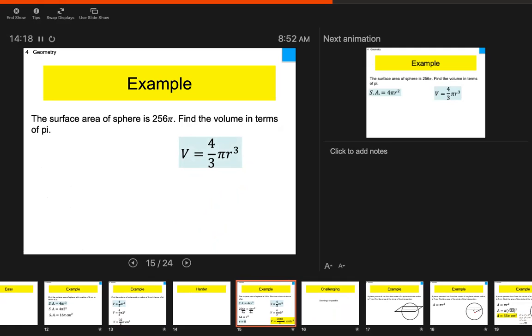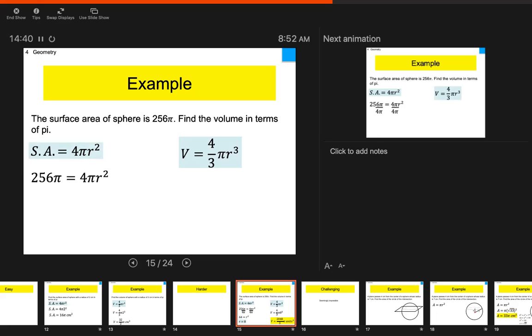So don't panic. This is just a simple algebra one. Since it gave me the surface area, let's look at the surface area formula. Surface area formula is 4 pi r squared, and we're told the surface area is 256 pi. So just substitute for SA 256 pi and just go to town on that algebra.